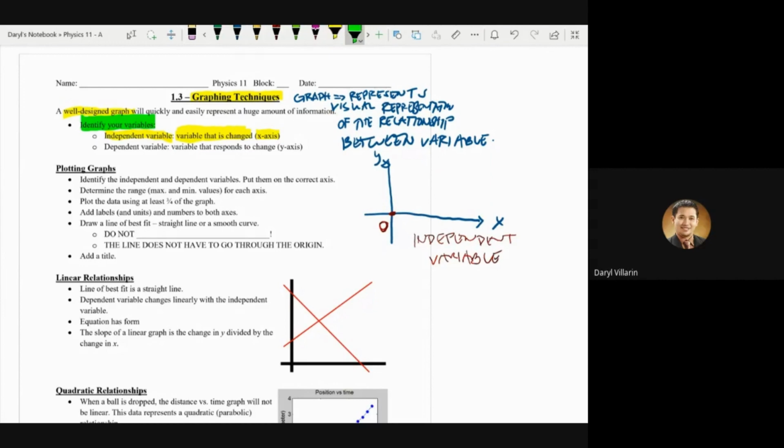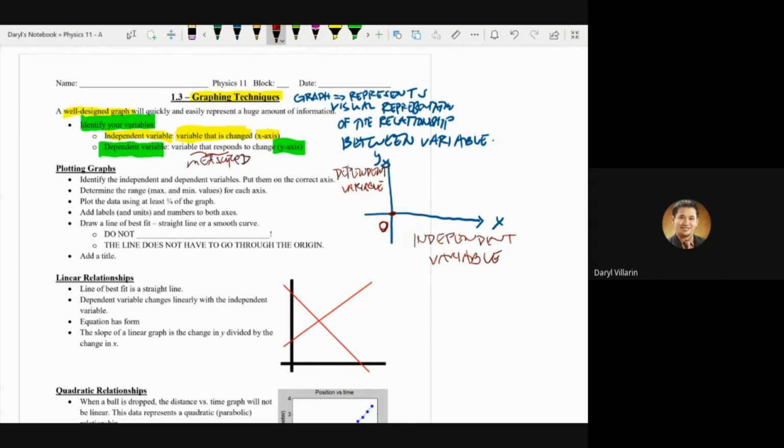The dependent variable, on the other hand, should be plotted along the y-axis. One way of looking at the dependent variable is that it is the variable that is being measured.